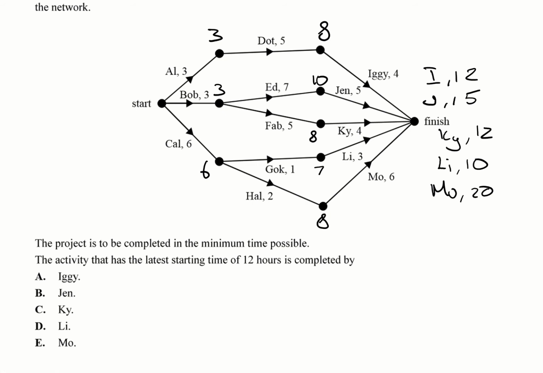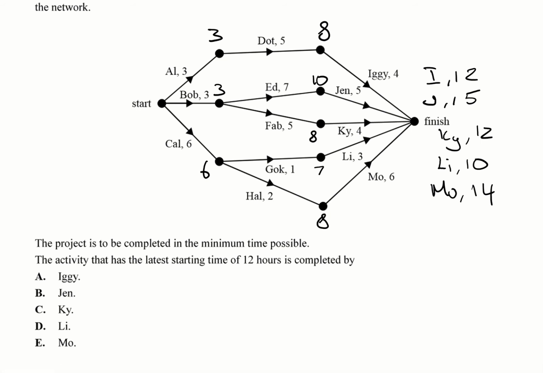So the activity that has a latest starting time of 12 hours, in this case, sorry, I had yet another brain fade then. Hopefully you picked it up and thought, what is this guy doing? This Mo, 6 plus 2 is 8. 8 plus 6 is 14. Not great, but we'll move on. So you're finishing at 15.